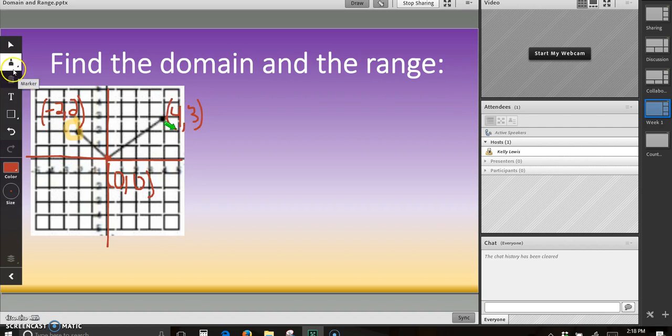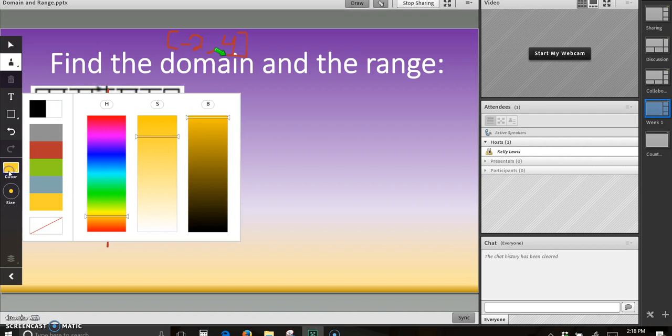All right, now let's do it. The smallest x value is this -2, and it totally stops. Now we need to figure out the largest x value. As we go to the right, the largest x value is +4, and it stops.